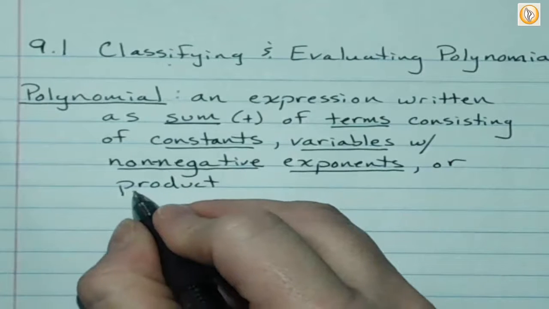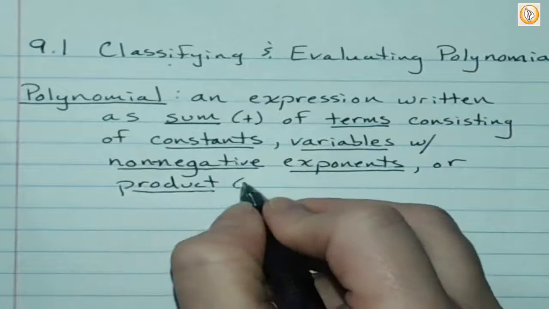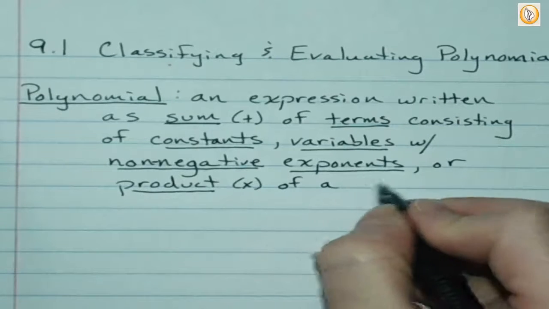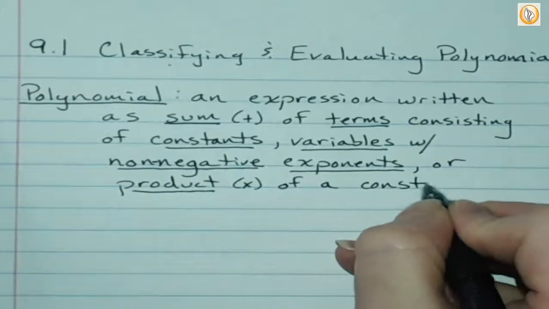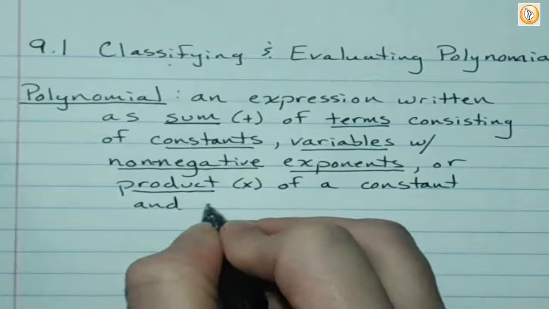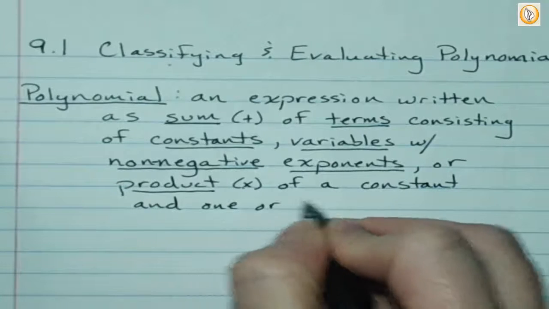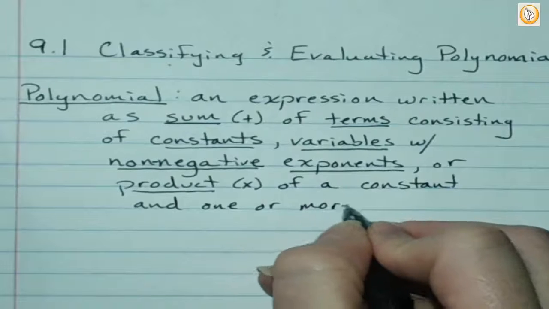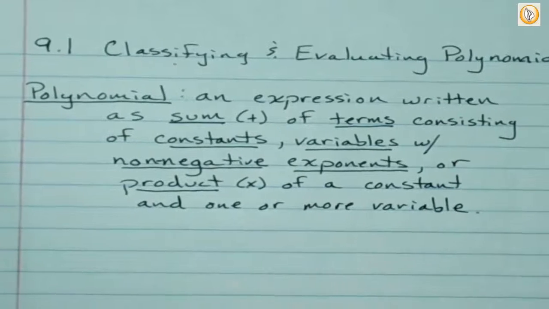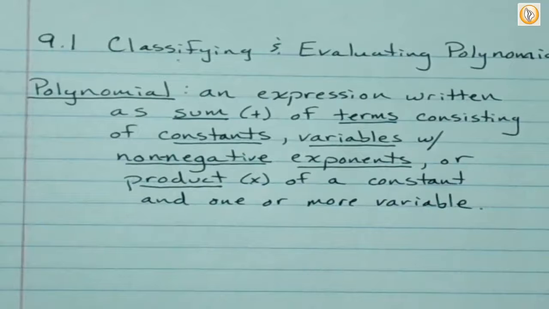Product means multiplication. Of a constant and one or more variable. And I know you guys heard blah, blah, blah. So we're going to talk about it.